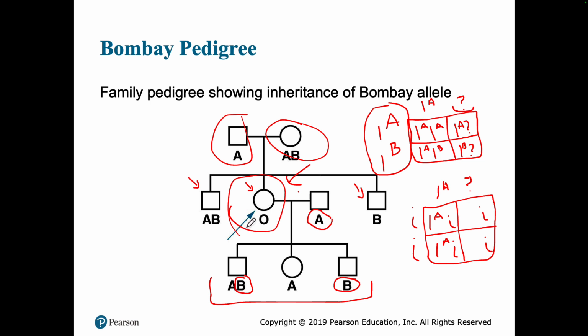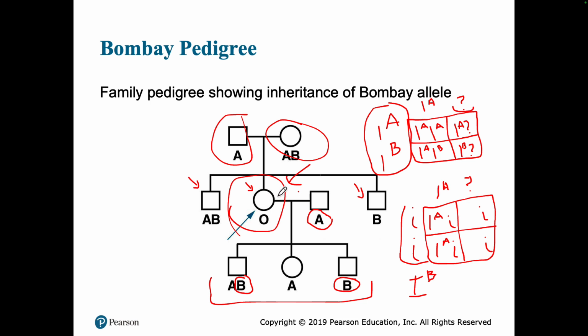The B allele had to come from the mother. So genetically, she can't be this. She can't be genetically type O. She has to at least carry 1 copy of the B allele.